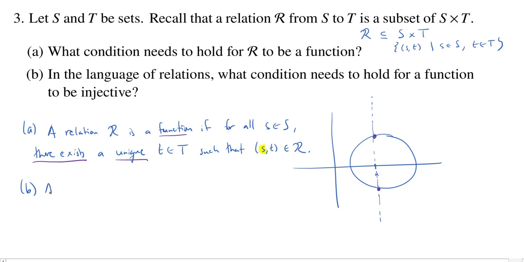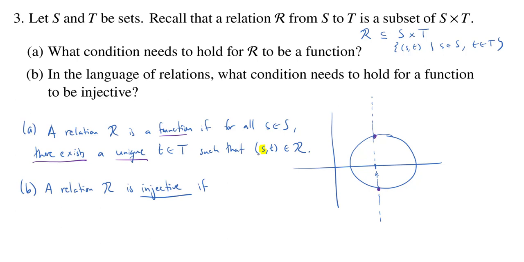So let's say a relation or function R is injective if, and this is where we basically turn this phrase around, instead of for each S there being a T, now for each T there is going to, well, maybe not necessarily exist an S, but if one exists, it's unique.